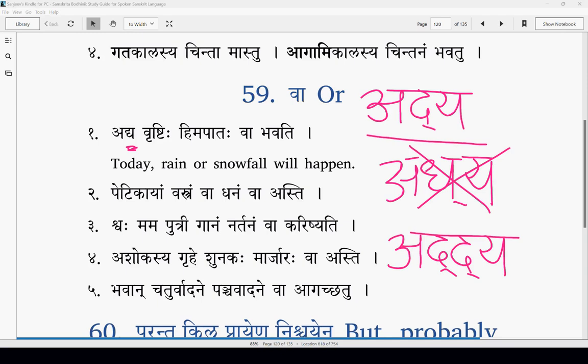Though we write it like this, in many words the pronunciation is adya with a double dha, because we are putting an emphasis, a kind of doubling. Yes, it could be, and that's valid in Sanskritam.